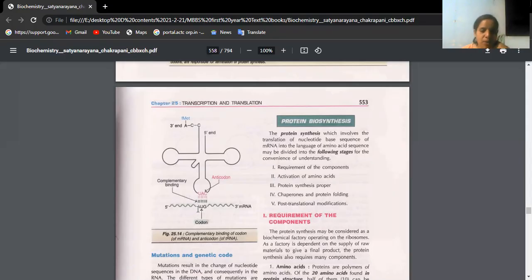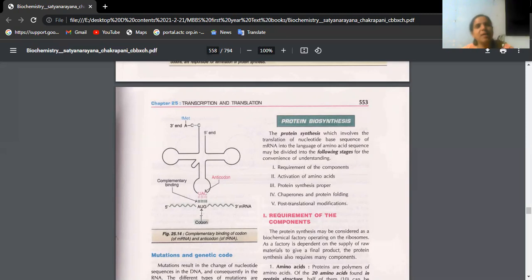Suppose on the mRNA you find the code word AUG, which is the genetic code. Correspondingly, the anticodon area will have the complementary bases. Do you remember the base pairs A, T, G, C? A always pairs with T, and G pairs with C, with a triple bond, and A-T with a double bond, right?